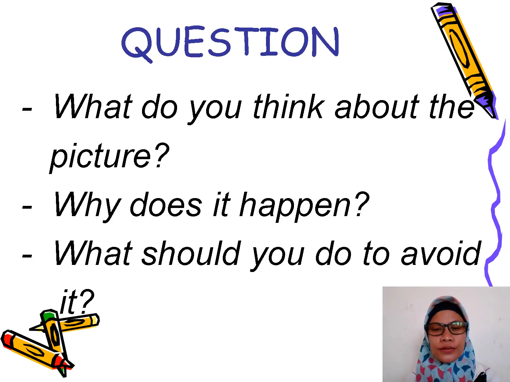Jadi kalian harus menggunakan bahan-bahan serta alat yang cocok, yang pas, sehingga makanan-makanan tersebut rasanya menjadi enak. Atau langkah-langkah atau metode-metode atau cara-cara yang kalian lakukan untuk memasak hal itu benar-benar sesuai dengan prosedurnya.